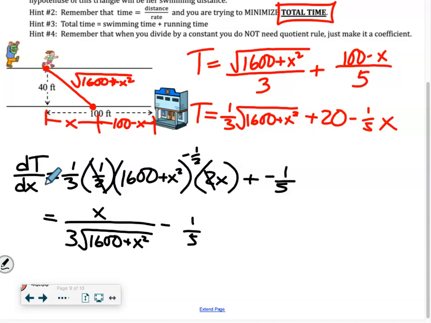All right, what do we need to find? Before we start finding zeros, what are we going to have to do? Combine these fractions. We need an LCD, right? So our LCD is going to be 15 times this root.